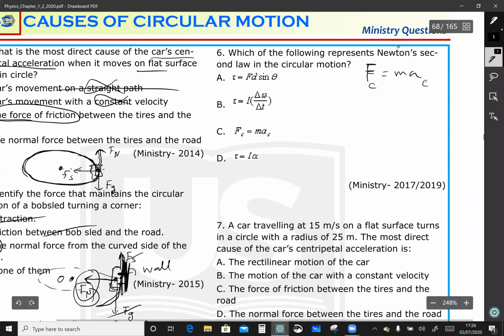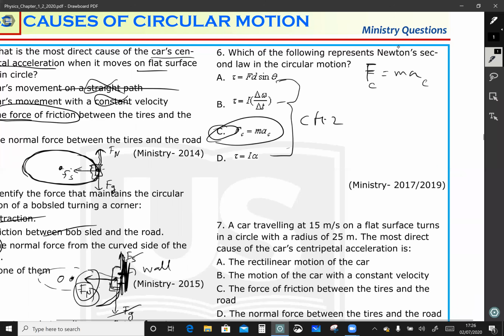So which one is F equals m times a_c? This one, C, is the correct answer. The others, we will learn in chapter 2. But this is Newton's second law for circular motion.